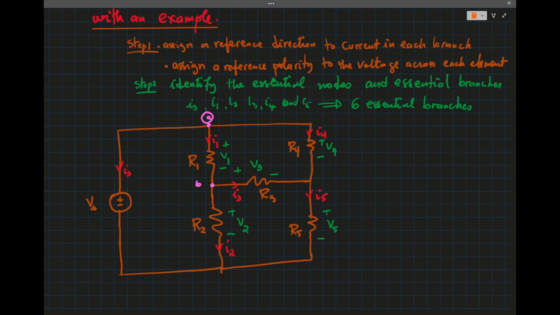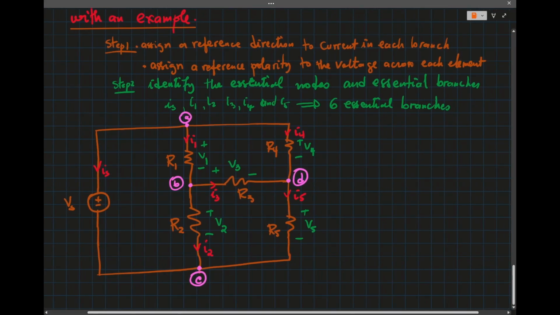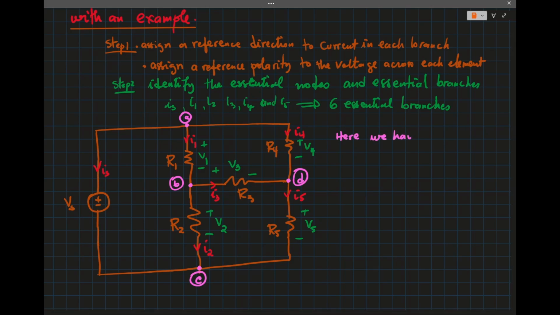So we have essential node B. We have at least 3 elements that meet here as well. So we have C, and here we have D. So we have 4 essential nodes.